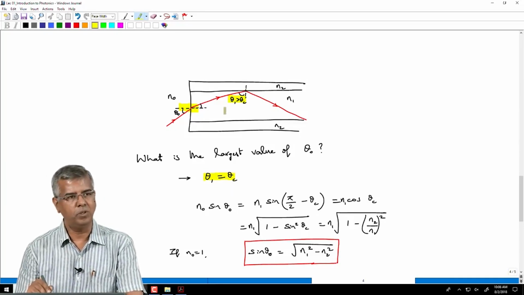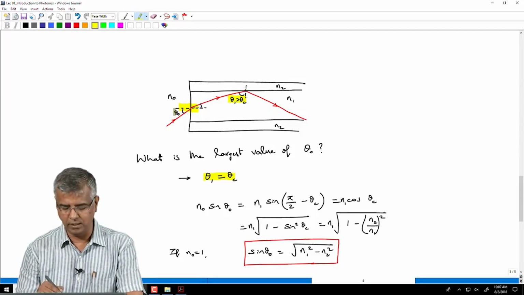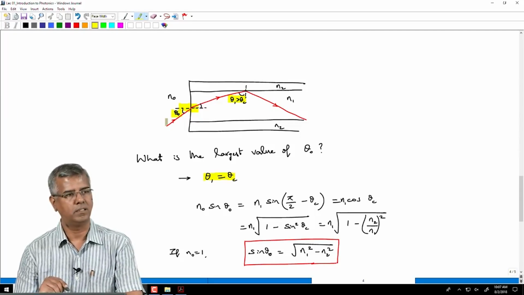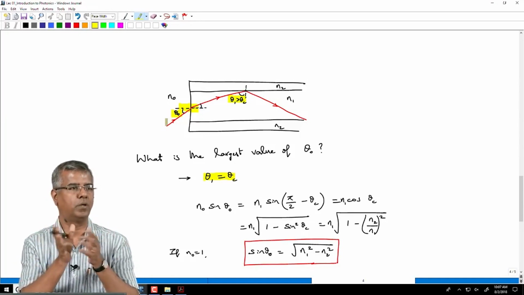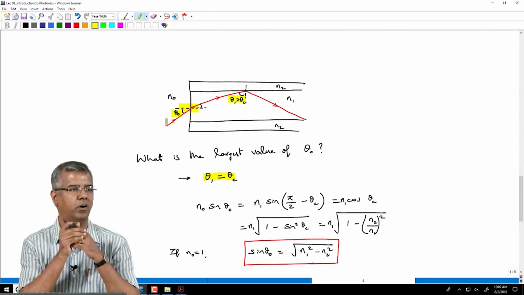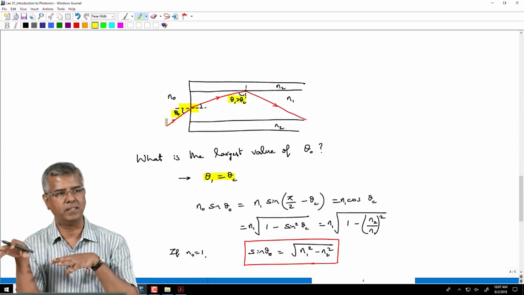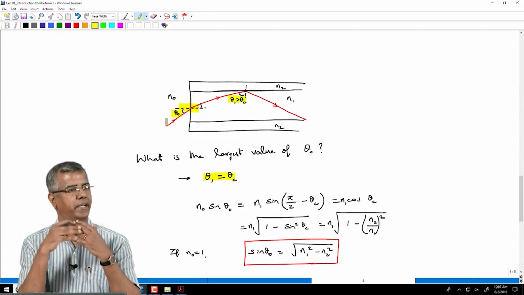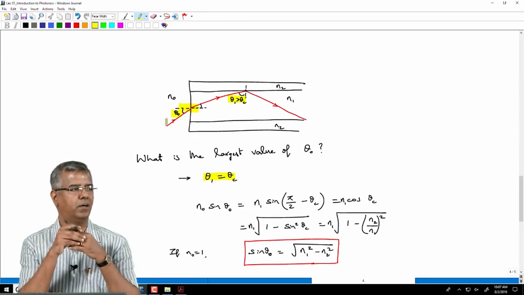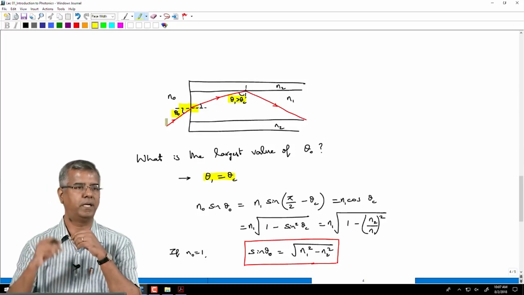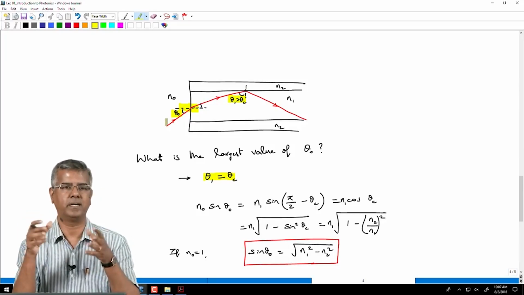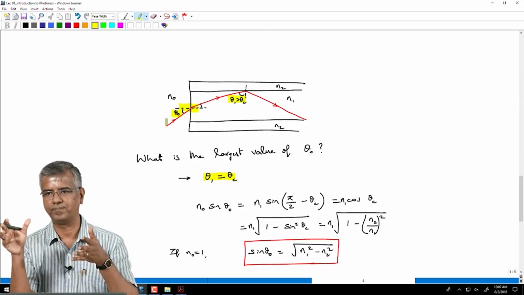If I am able to find the corresponding angle theta naught, then I would say that anything within that cone of angles defined by theta naught is going to be guided in this structure. Anything outside of theta naught is going to be such that theta 1 becomes less than theta c, then it is not guided by this structure.